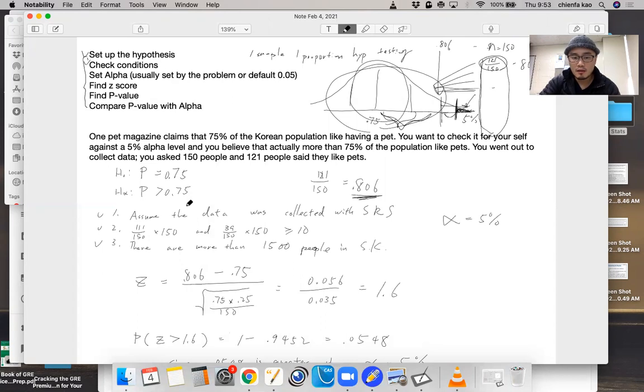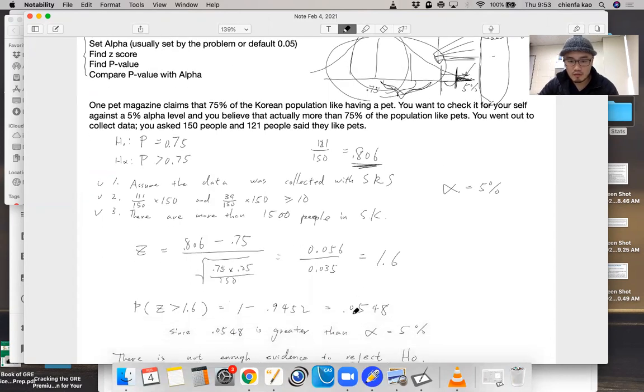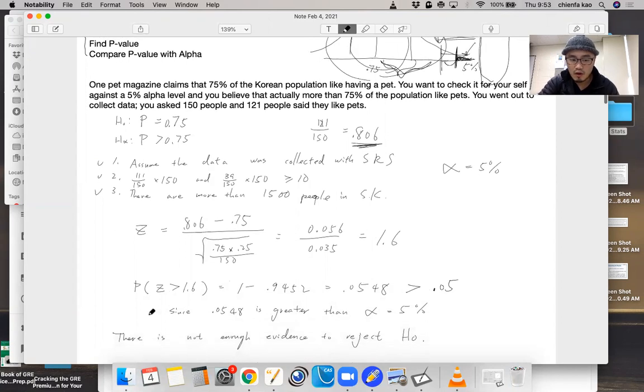Because this value is greater than 0.05, as long as it's greater, you're not going to reject. If it's less than, you're going to suggest the alternative hypothesis. And remember, this is what you have to conclude: there is not enough evidence to reject the null. We're never going to say we accept the null, but we're going to say we are not going to reject it. All right, that's it.